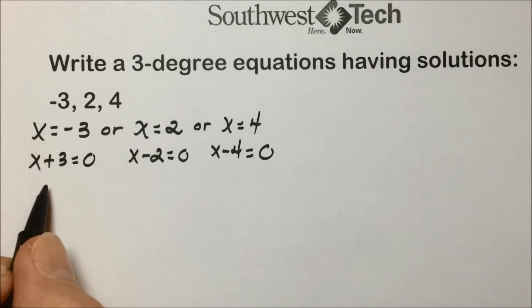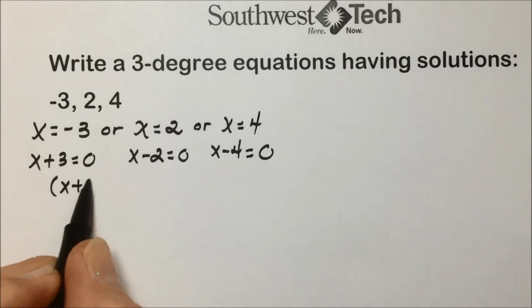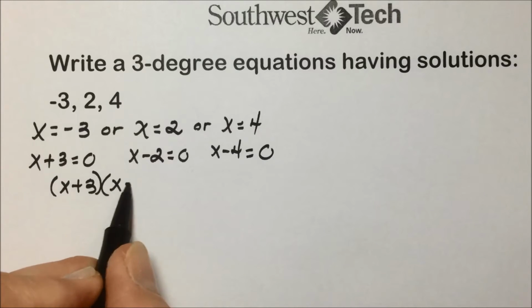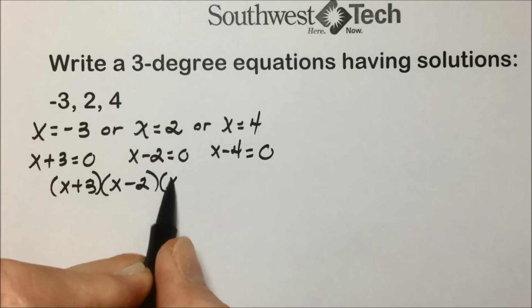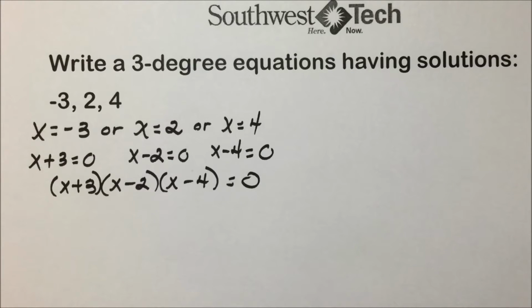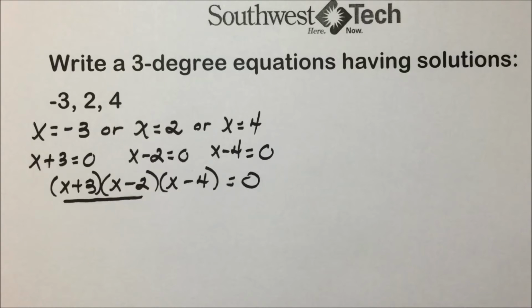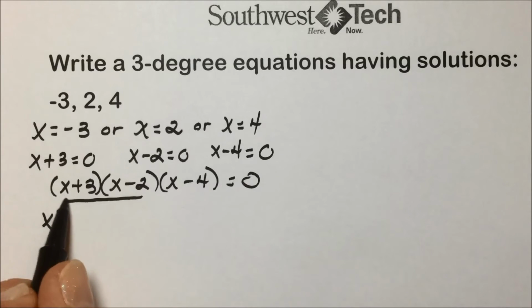And again, the reverse through the principle of zero products, we will multiply these binomials together. And recognizing we can only multiply 2 binomials at a time, order doesn't matter, but if we multiply the first 2 together, we will end up with an x squared with the first terms.